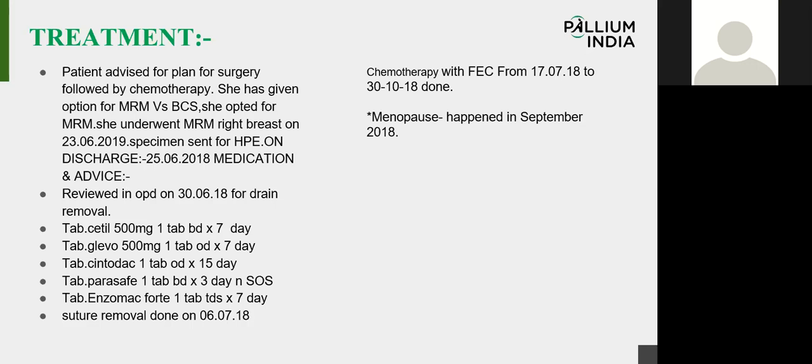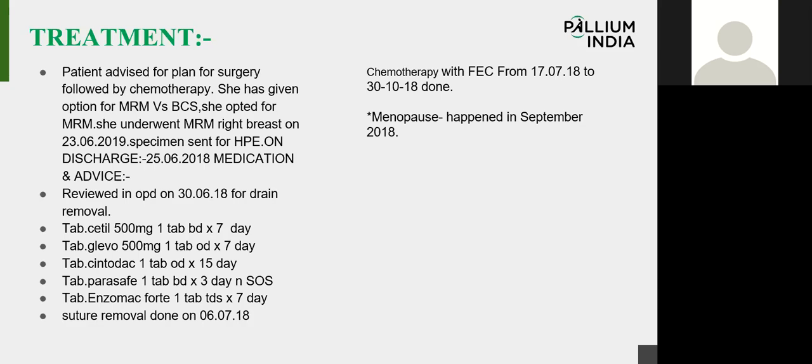After that she visited OPD and the drain was removed, and on the 6th of July, the sutures were also removed. After that, chemotherapy was planned with FEC from 17th of July to 30th of October.